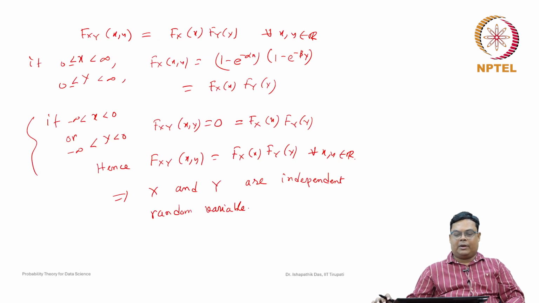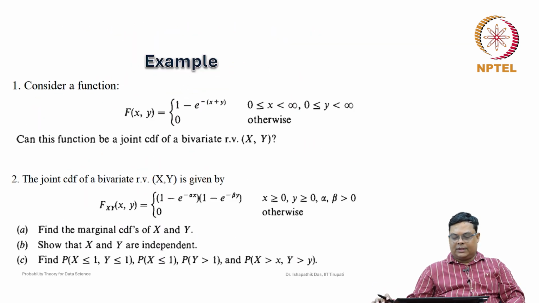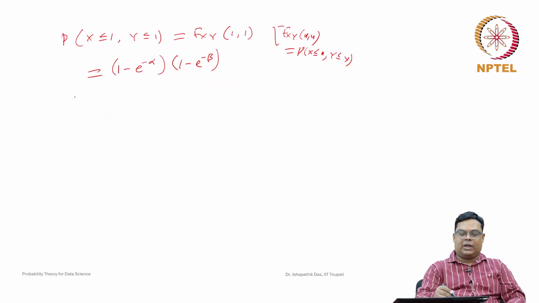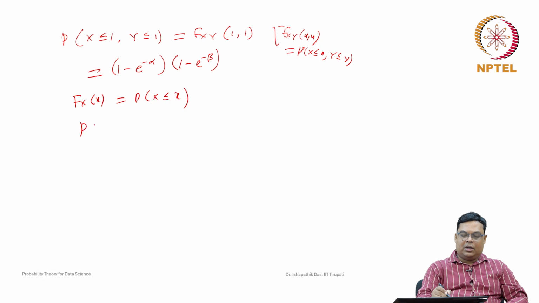So, this is straightforward. Now, the next question is to find the probability of X less than or equal to 1. This is also the same, because we have to use the marginal cumulative distribution function: probability of X less than or equal to x. Hence, the probability that X is less than or equal to 1 is nothing but F_X(1).